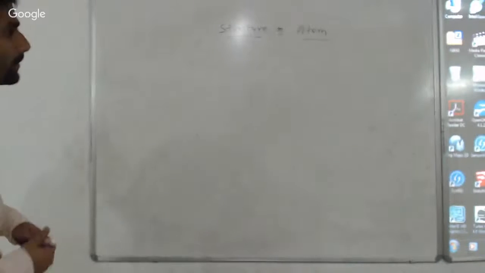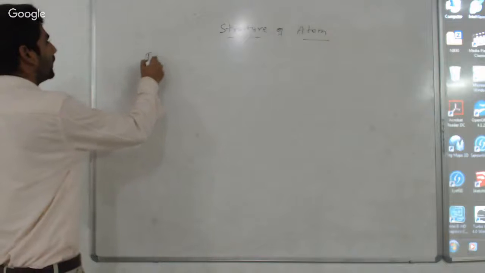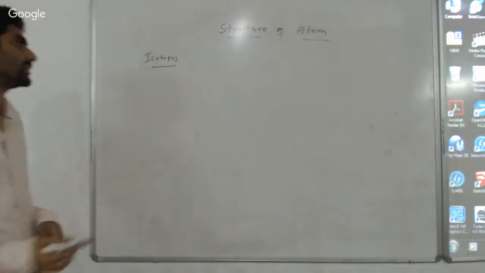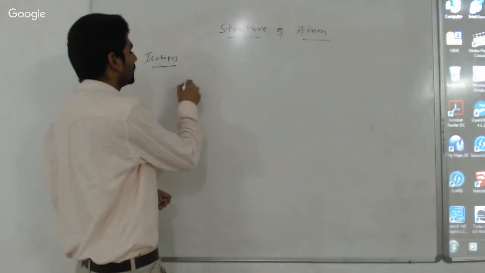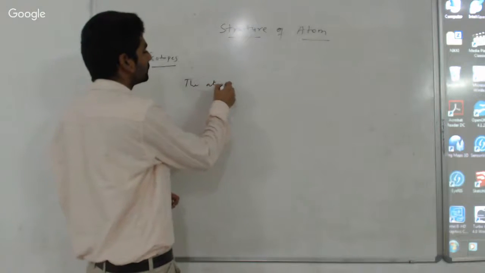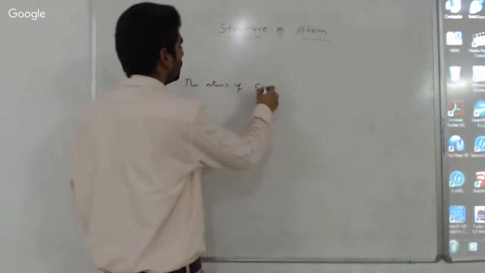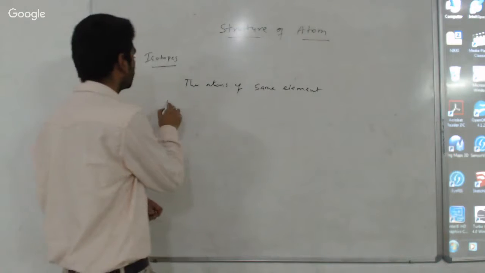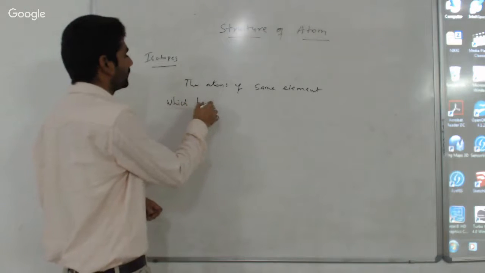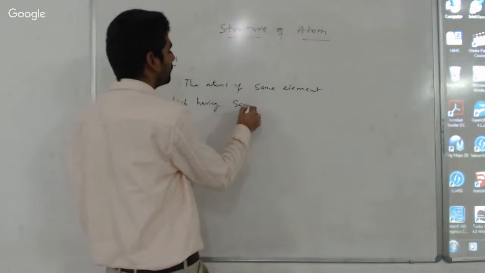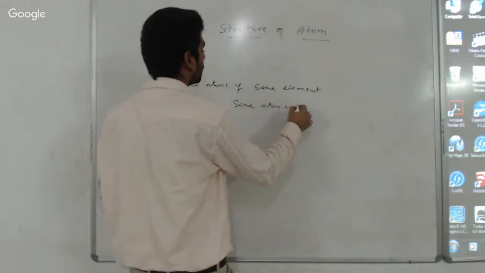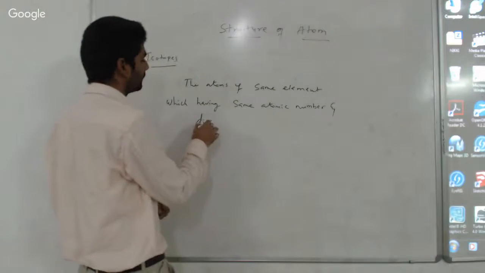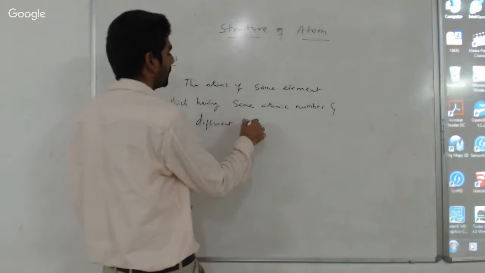Next, isotopes and isobars. What are isotopes? Isotopes means the atoms of the same element having the same atomic number and different mass number.